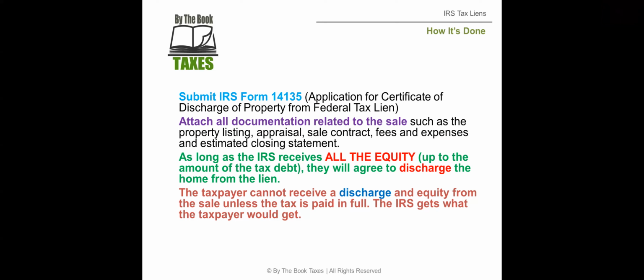But the taxpayer cannot get a discharge, not satisfy the debt, and walk away with equity. It doesn't work that way. The IRS gets whatever the taxpayer would get, even if it's less than the amount owed.